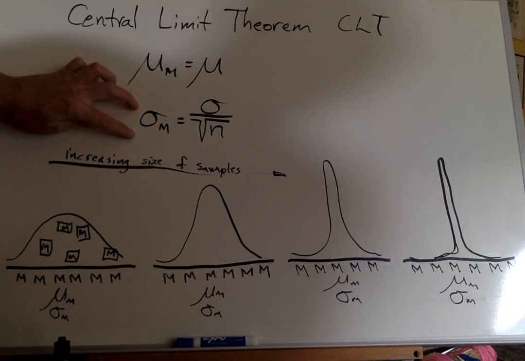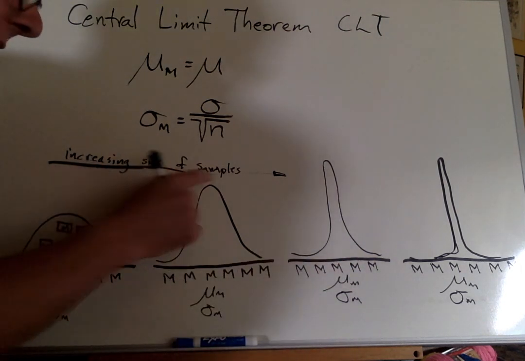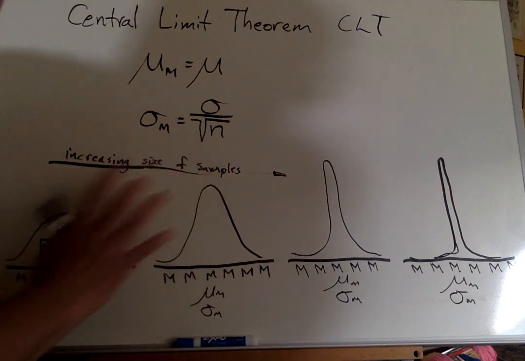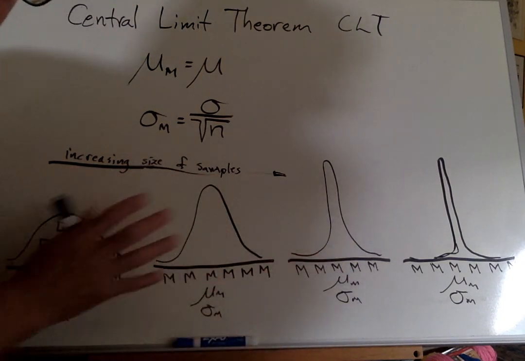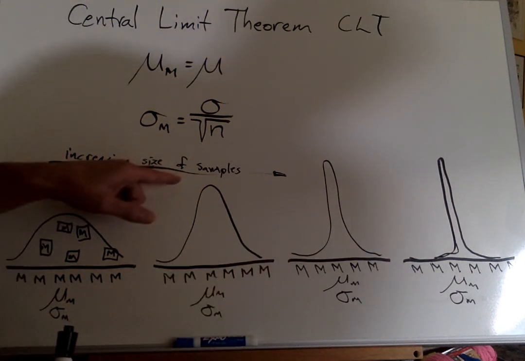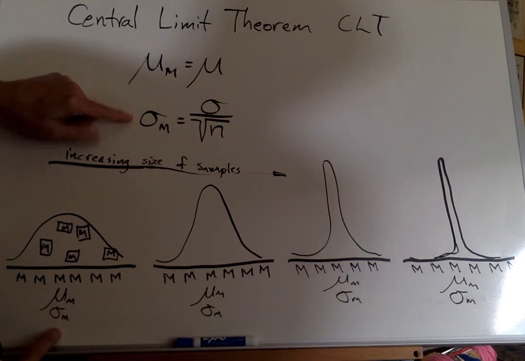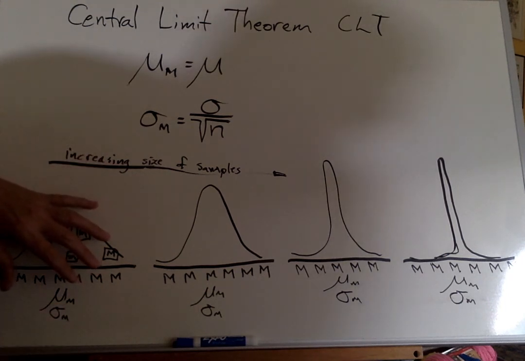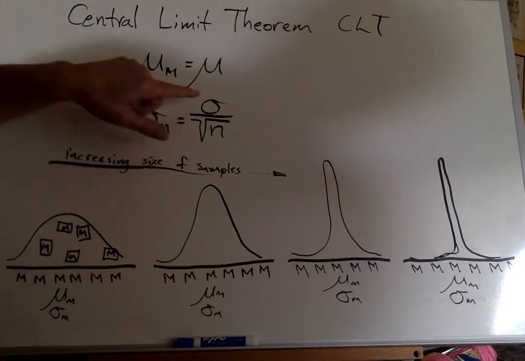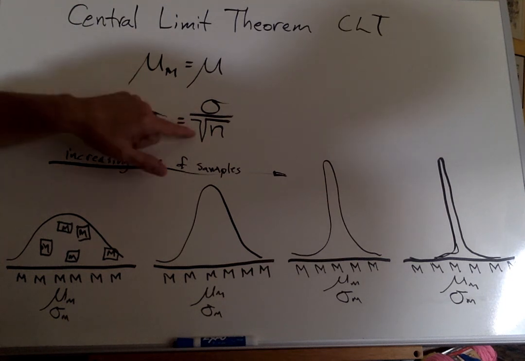The standard deviation, here's the pattern. If we increase the size of the samples, not the number of samples, we're going to do 10,000 for each of these, okay? If we increase the size of the sample, what we find is the standard deviation of a distribution of sample means will be equal to the standard deviation of the original population divided by the square root of the sample size.